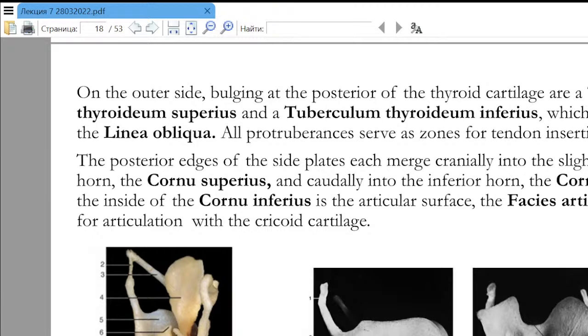All protuberances serve as zones for tendon insertion of muscles.